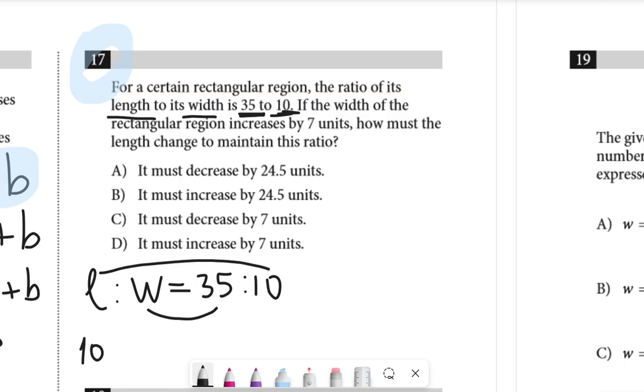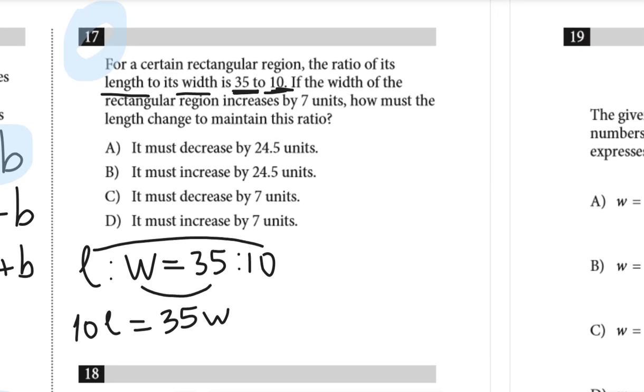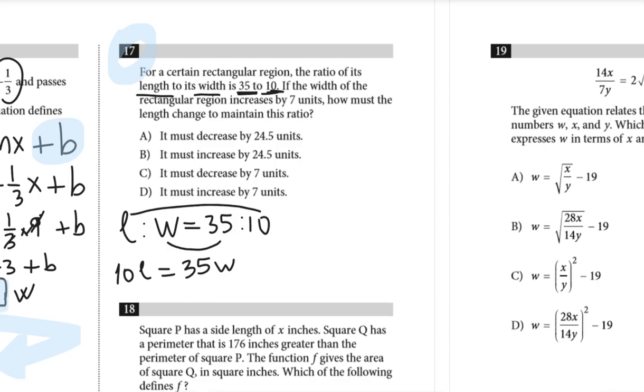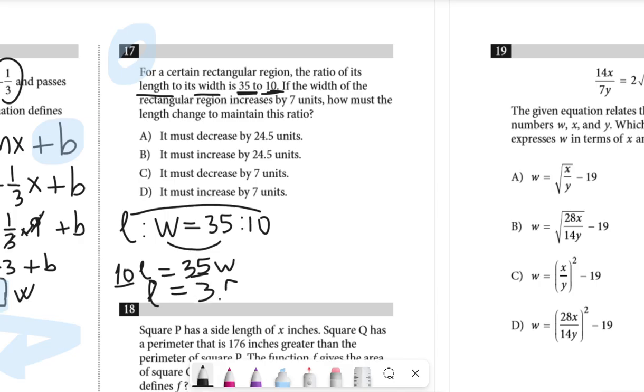So 10 times length is equal to 35 times width. Okay, what else do we know even without reading the rest of the question? L is equal to, now we will divide it by 10, which means 3.5 of width. All right, that's what we know so far.